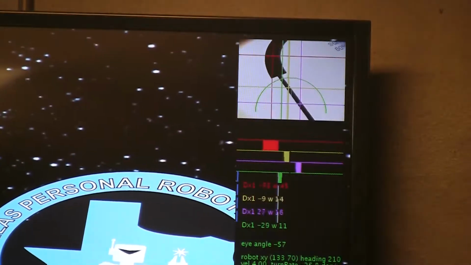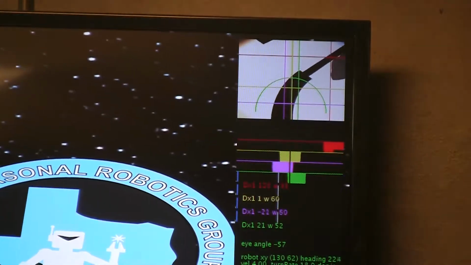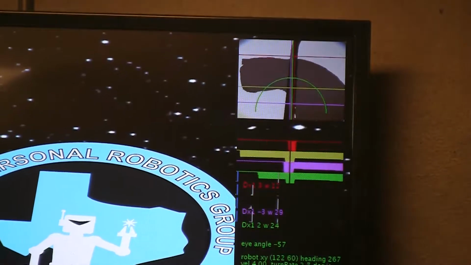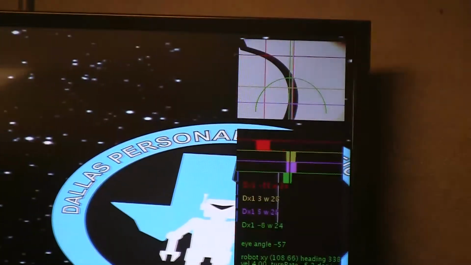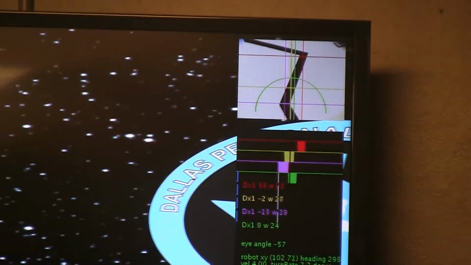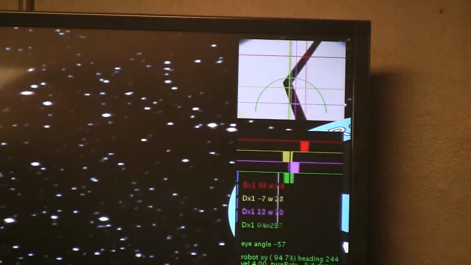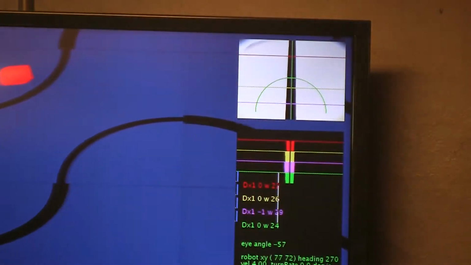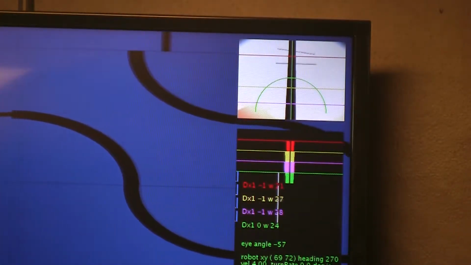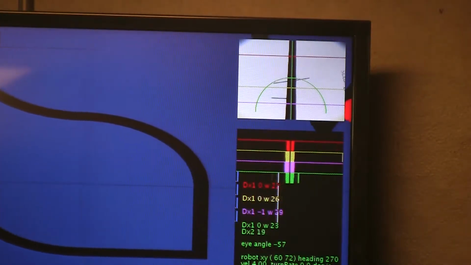Looking at your virtual camera, you have 3 lines going across and a curve, a 180-degree arc. Yes. Okay, and looking at the vertical lines, they look like they're tracking the spot where the 3 dots of the horizontal lines cross. Is that correct? Well, it's difficult to say that.